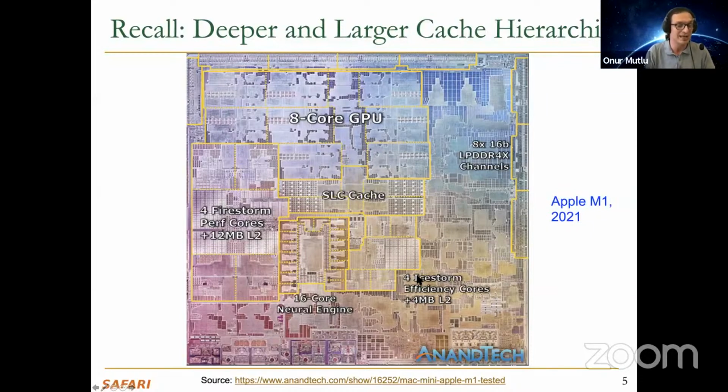Like Apple M1 actually has interesting prefetchers that are not really disclosed to the public, but you may actually find out some information about them on online blogs, for example, or patents potentially. But certainly there's a lot of effort that goes into designing prefetching mechanisms to manage the cache hierarchy in a modern system. And I'll give you some examples of it.